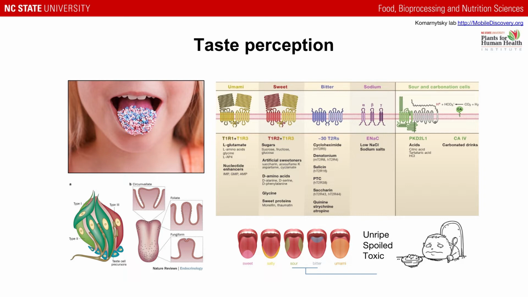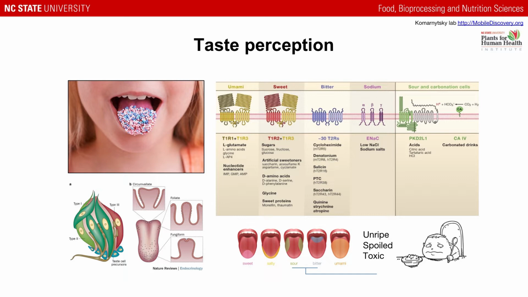There are 2 different types of the receptors, type 1 and type 2. And the combination of these receptors is actually what defines what you taste. Okay? So if you have type 1 receptor 2 and type 1 receptor 3 together, this combination perceives sweetness. Okay?